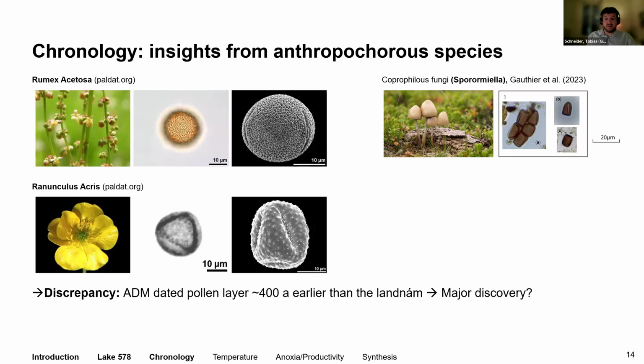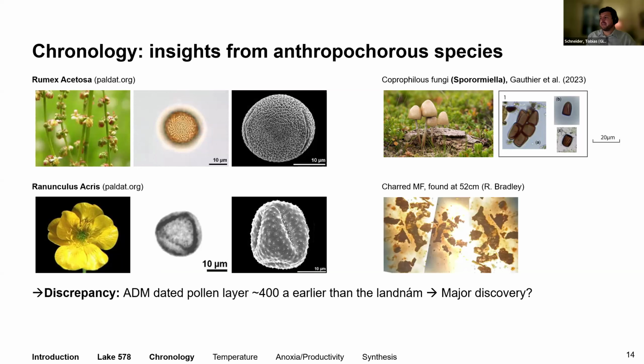So it was way too early. And this, of course, would be a major discovery. However, we of course needed to corroborate that with additional dates. And so Ray went back to the sediment cores and picked some more samples, and particularly one layer with charcoal that was just next to the pollen layer. And we dated this terrestrial material.